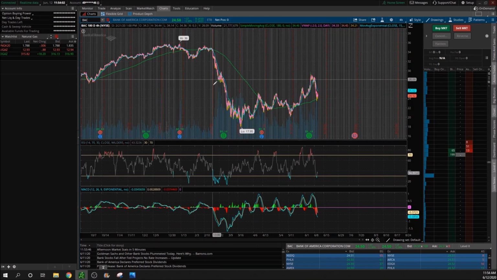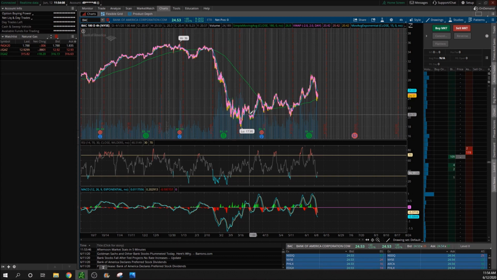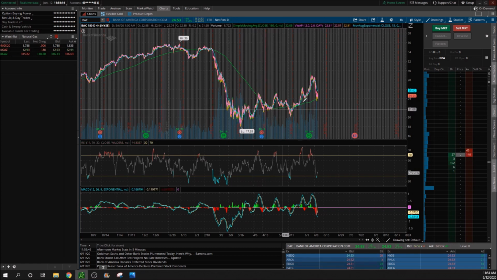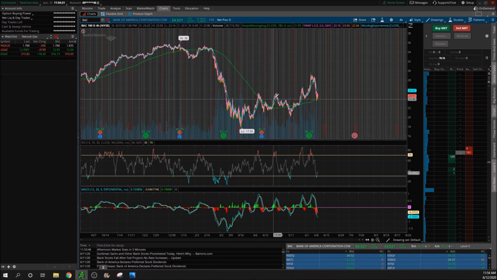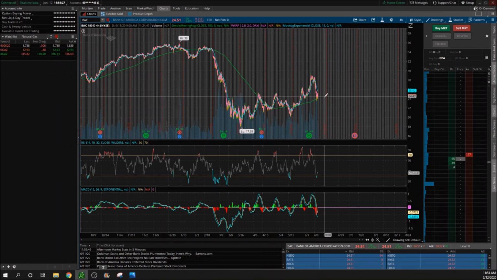And if we zoom out, we have this drop from COVID-19, and since this drop, Bank of America has been getting these higher lows and higher highs, right? So we can see that we now have this uptrend happening, and that's what we want to see. So this is a perfect example of a swing trade that we can find. And again, we have our entry point, we have our stop loss point, and we have our exit point.